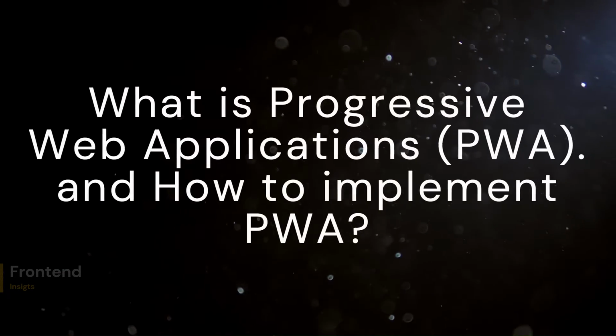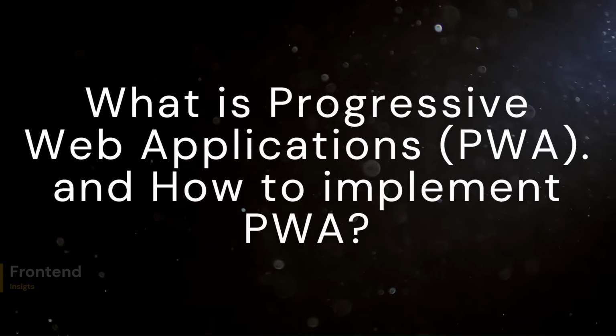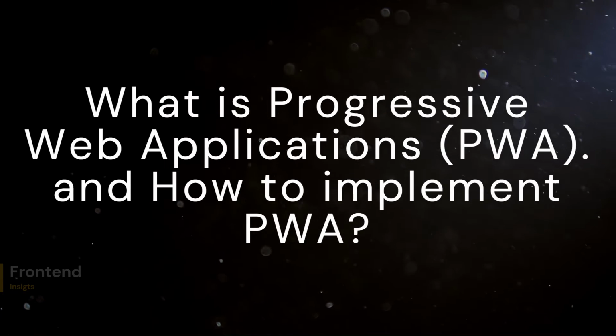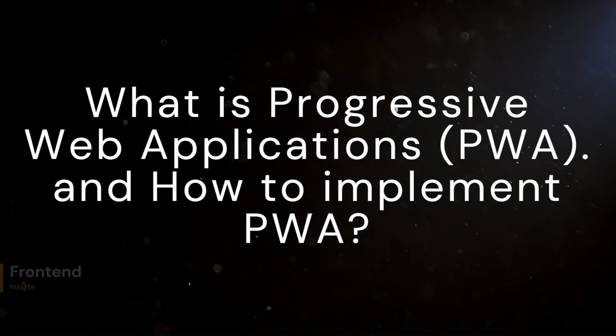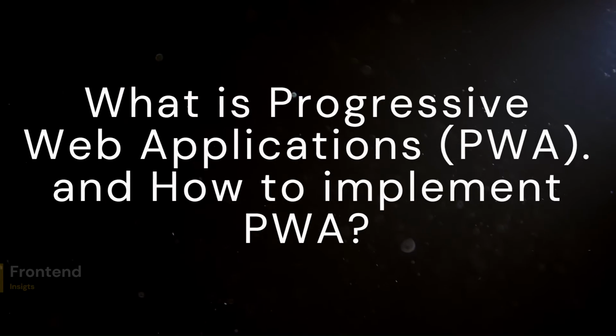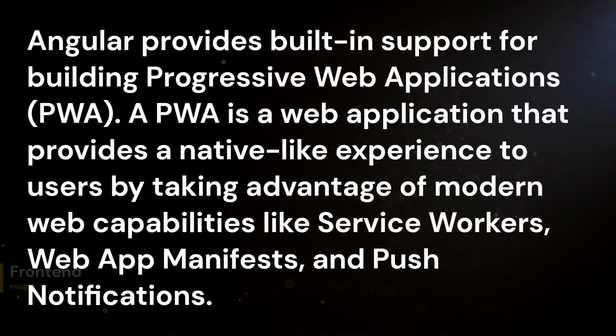What are Progressive Web Applications, PWA, in Angular? How to implement PWA in Angular? Angular provides built-in support for building progressive web applications, PWA. A PWA is a web application that provides a native-like experience to users by taking advantage of modern web capabilities like service workers, web app manifests, and push notifications.